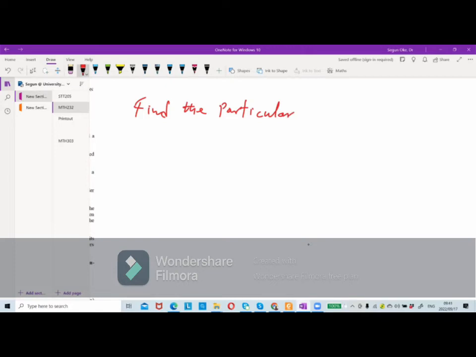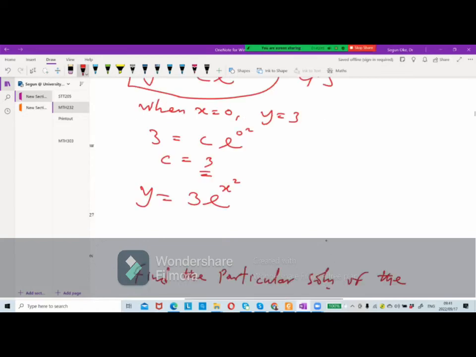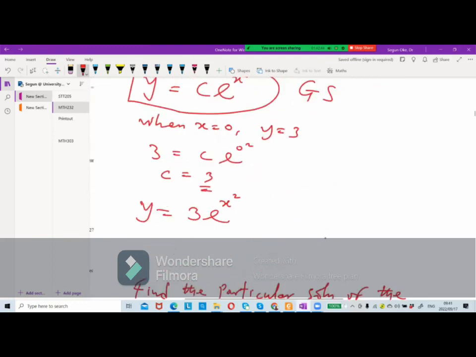I've seen something like this also. Remember here, they did not mention find the general solution of the differential equation. Number what is this? Number 7.